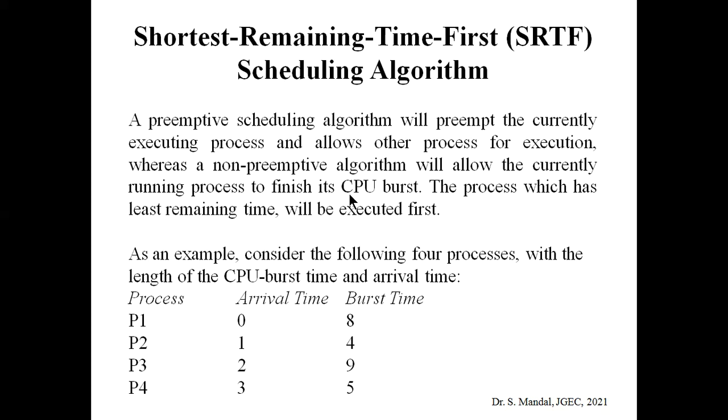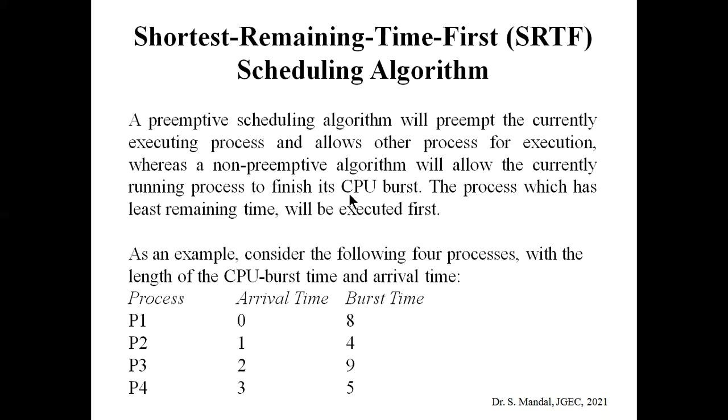But in a preemptive scheduling algorithm, it is possible that after a certain amount of time, the CPU assigned to the P1 or P2 process is taken away and the process is moved to the waiting state, and after the others complete, it resumes. Those are preemptive scheduling algorithms. SRTF is an example of a preemptive scheduling algorithm, I'm telling again.